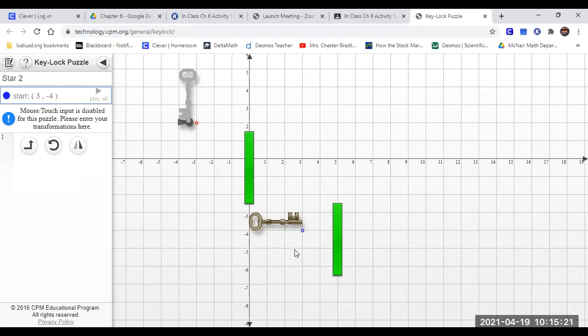Now let's think. Is the key with the blue dot able to slide past the wall like it is? Will the teeth make it past the wall?